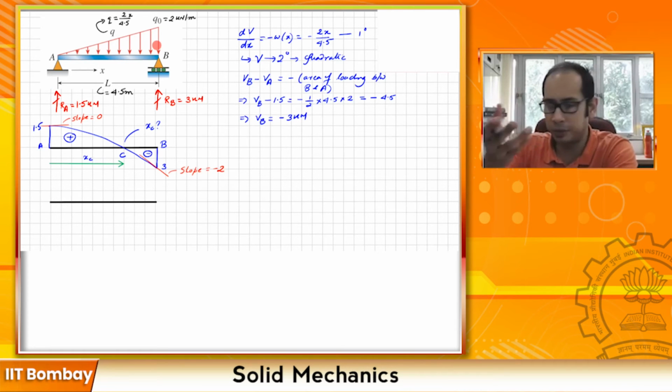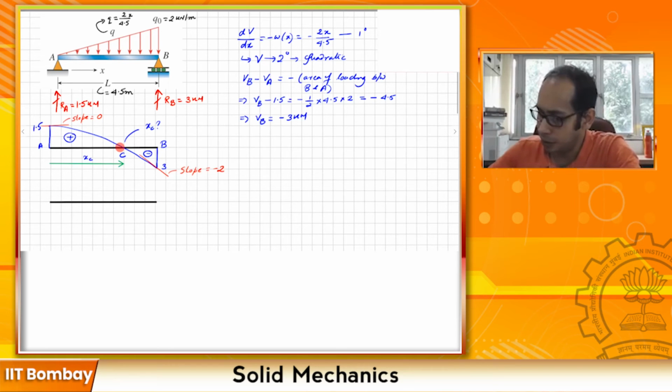Pretty straightforward. I know the shear at A is 1.5. I know the shear at C is 0. So I'm again going to use the relationship which I had over here. I'm trying to find XC. So I have VC minus VA is going to be the area of the loading diagram between C and A. So C may be happening somewhere over here.